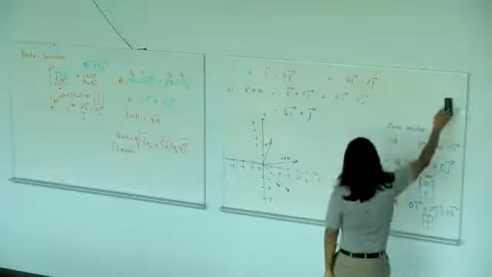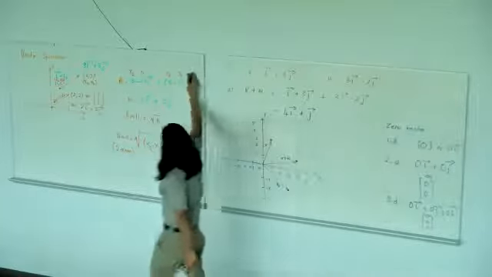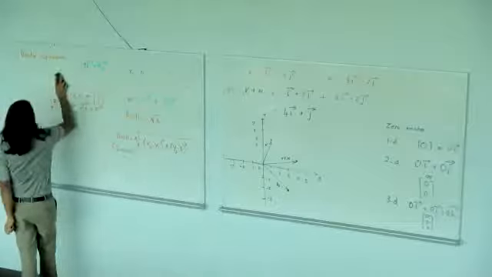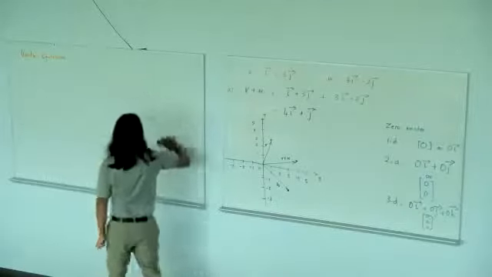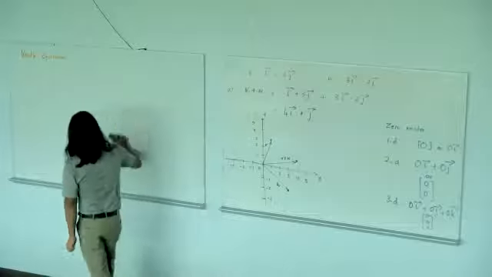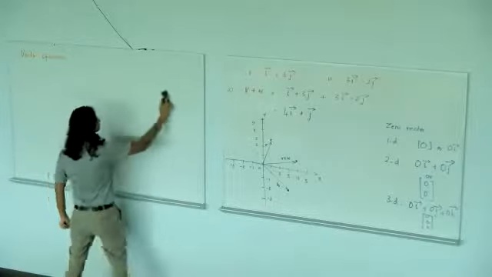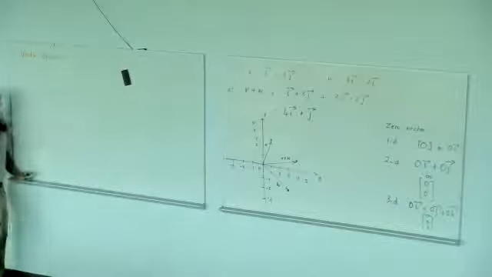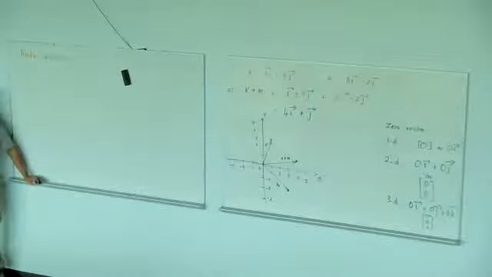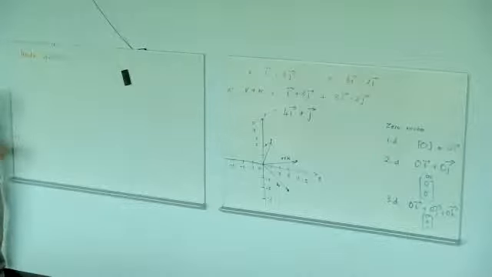Multiplication. So we've got to be careful when we do multiplication. There are 2 types. One is vector multiplication, the other is scalar multiplication.